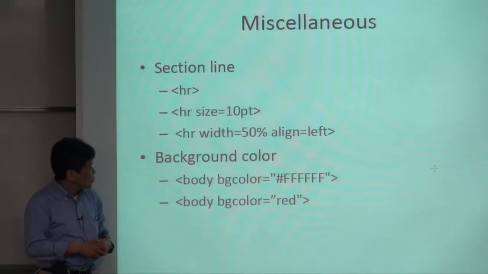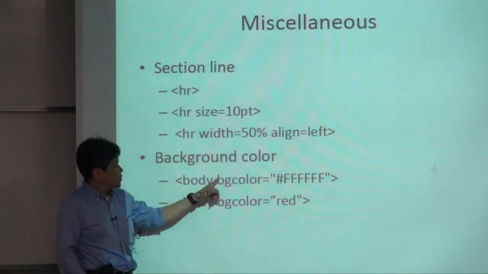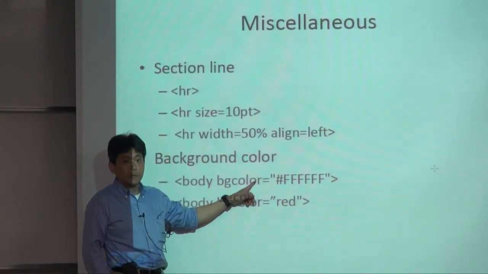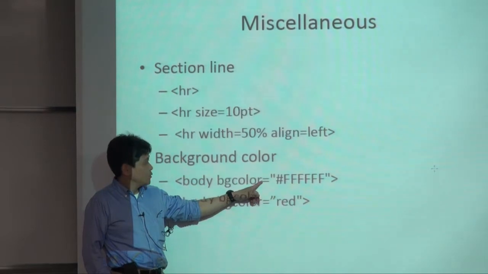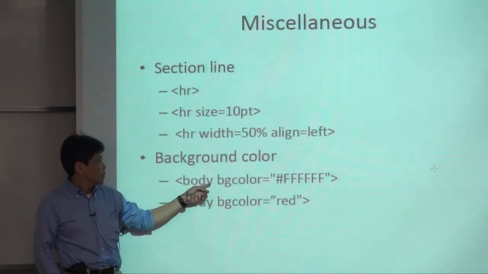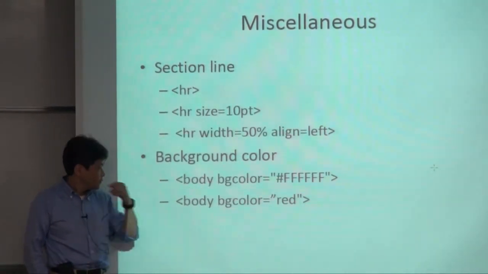And also you can specify background color using BGCOLOR. BG means the background color parameter. You can specify these parameters inside the body tag. You can use it like this. Okay.